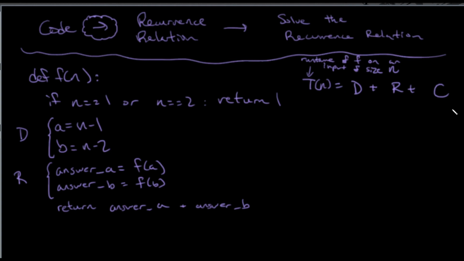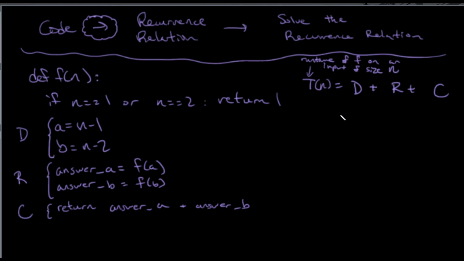And then the time to combine after we finished recursing is going to be right here. We're going to be adding the outputs of our recursive calls. This right here is going to be our c.